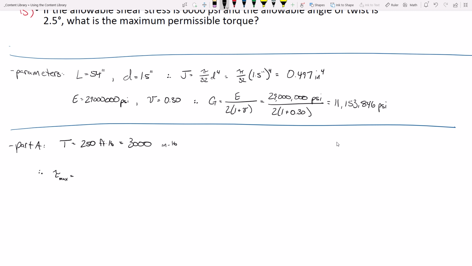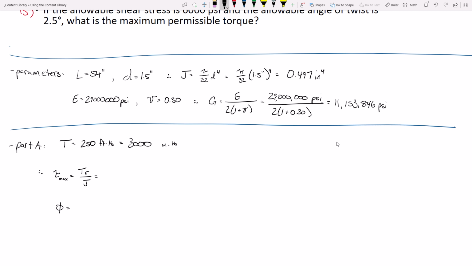So what we're trying to determine is tau max and the angle of twist. Now, tau max, pretty easy. TR over J. Remember, this is a solid circular shaft, which means the maximum stresses are on the outer surface, the outer extreme fibers. By the way, if you ever hear me use the term extreme fiber, that's what I'm talking about.